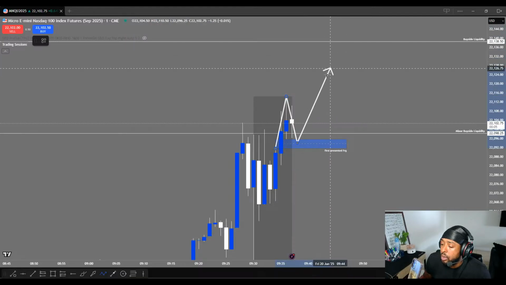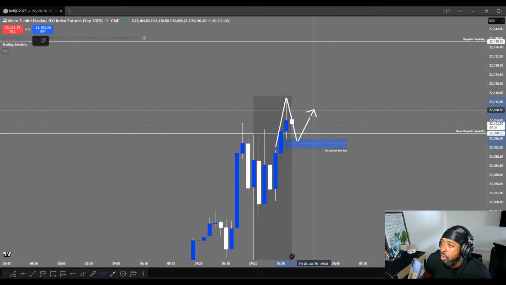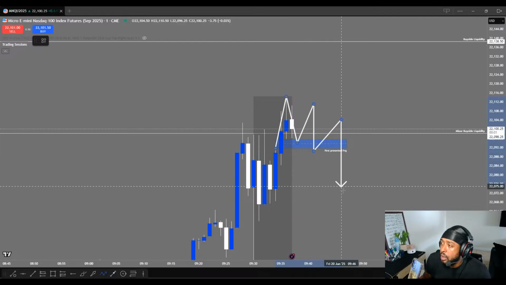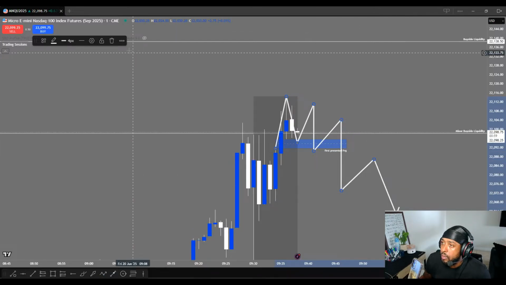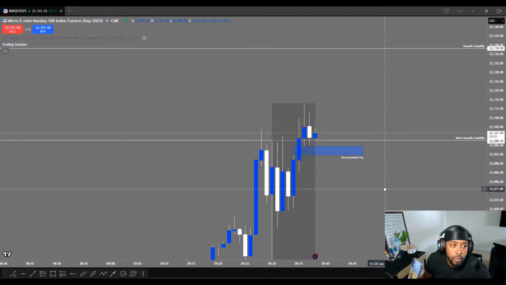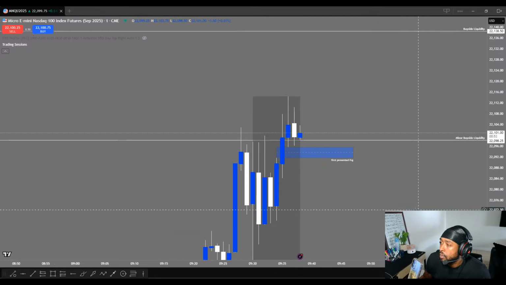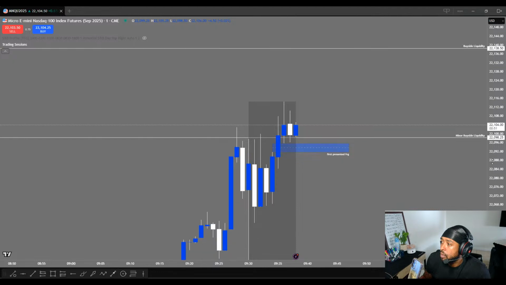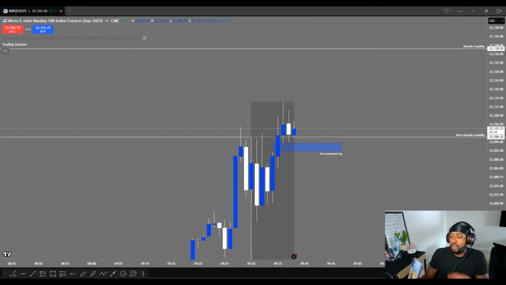This is what we're looking for, displacement away. Or do we reject and go lower? Like, what's your hypothesis? What do you actually think is going to happen? Where do you think it's going to potentially go to? Those are all the things you actually need to be telling yourself.